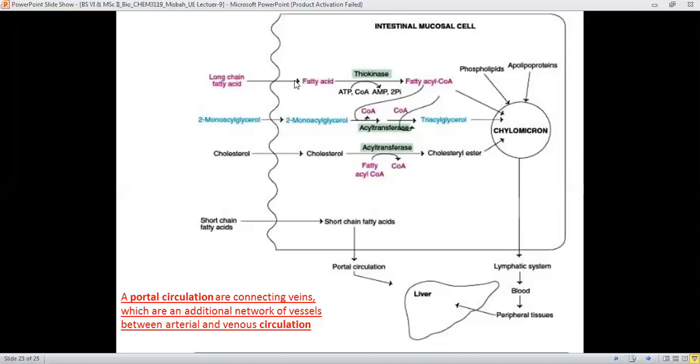And the long chain ones take this pathway. Cholesterol will take this pathway to be part of the chylomicron, and these chylomicrons have a very important function to give these biomolecules to the lymphatic system, and through the lymphatic system they are absorbed into the blood, and through the peripheral tissue again carried to the liver.